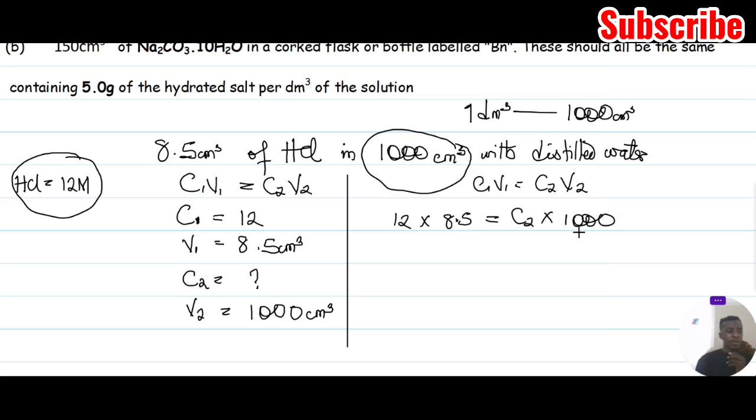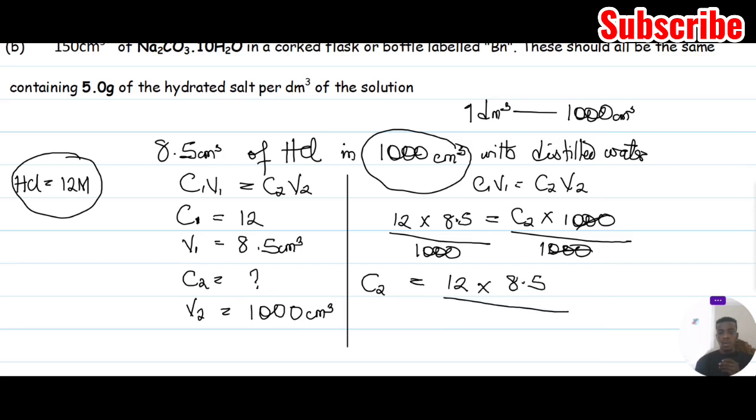I believe you're following. To get C2, we divide both sides by 1000. This one goes into this one. You should have C2 equal to 12 times 8.5 over 1000.